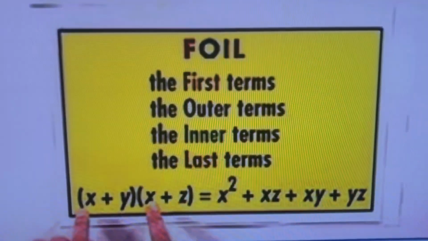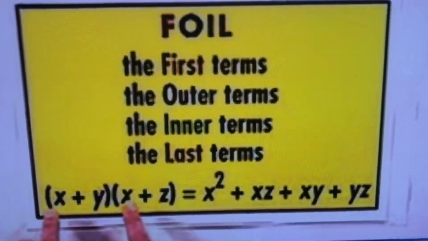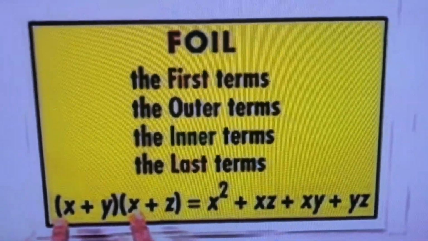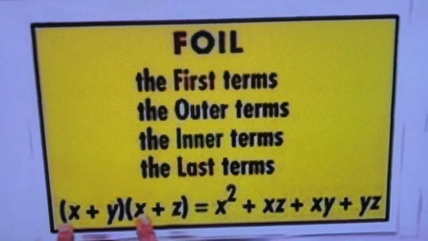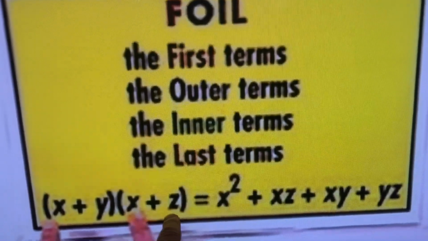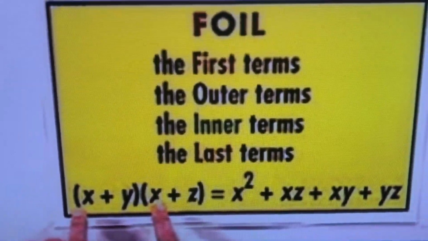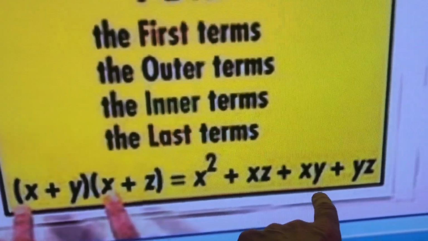The first terms, x times x, x squared. The outer terms, x and z give you xz. The inner terms, y and x, give you xy.